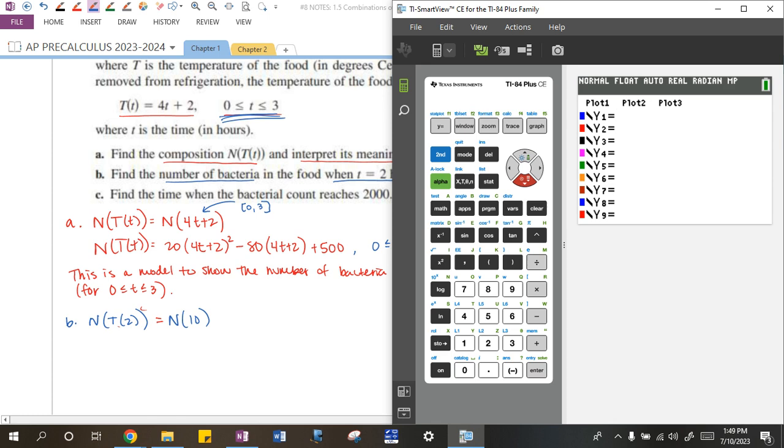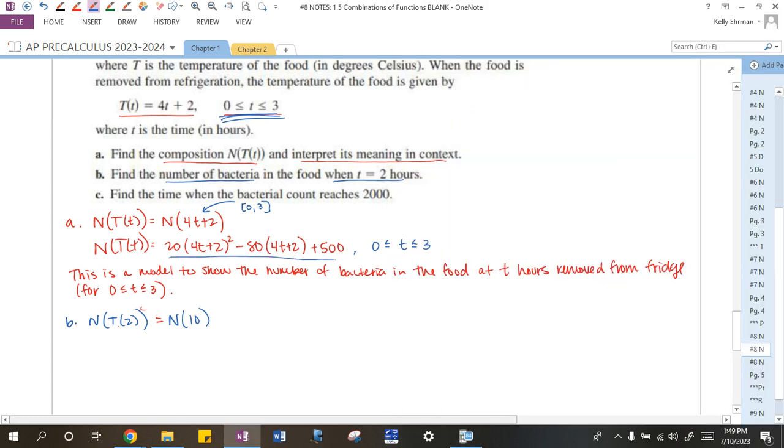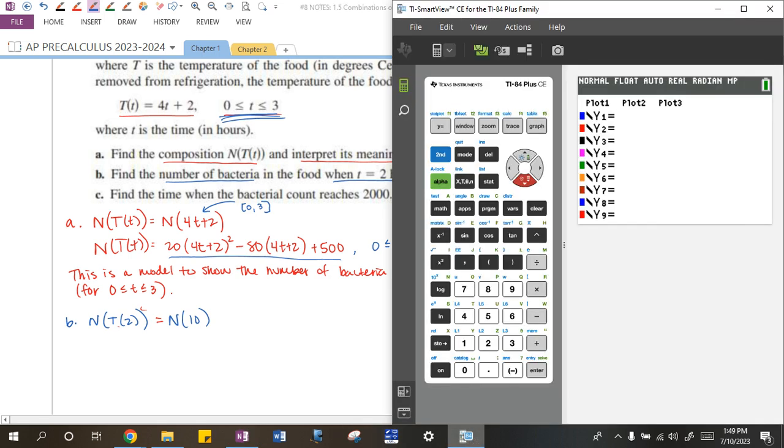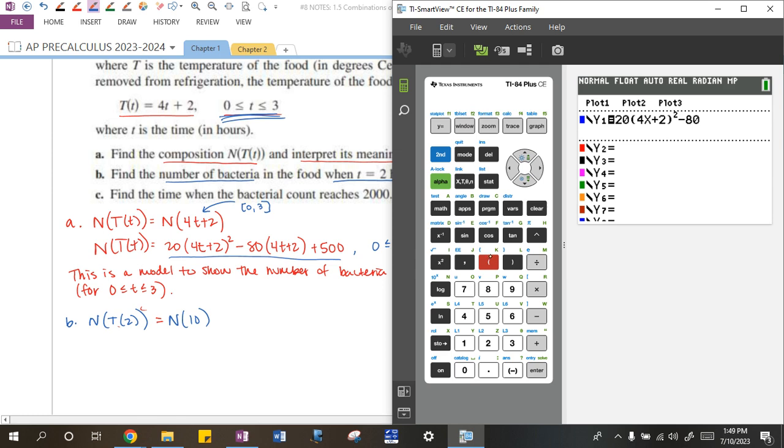So type in this model that you created, N of T of t. So 20, use your parentheses, all that. Just getting this typed in.